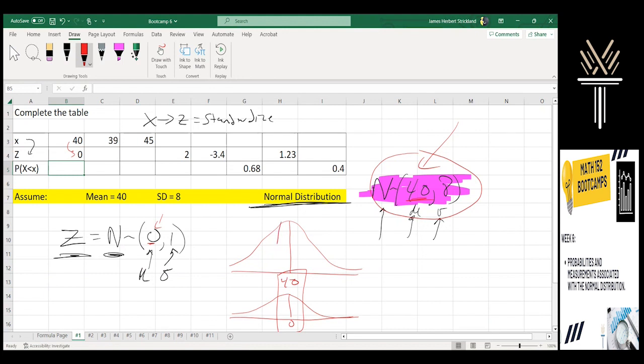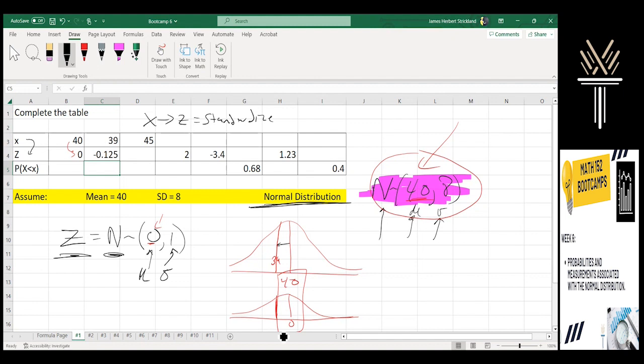And so if I go down to 39, I would want to find out in the Z world what's equivalent to that. And so let's just convert it using our standardize command. Equals standardize. The 39, given our mean is 40 and our standard deviation is 8. Hit enter. And there it is. And it should make sense that it's negative because it's to the left.